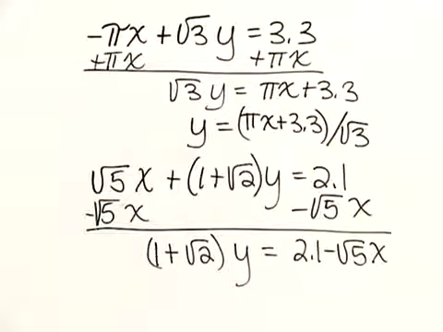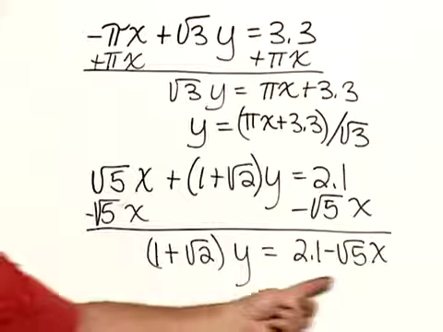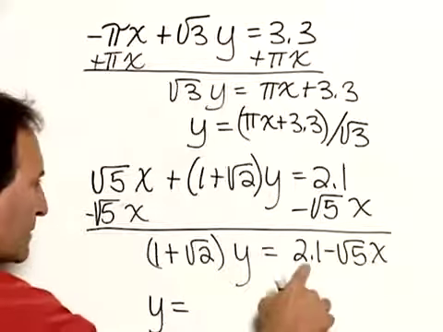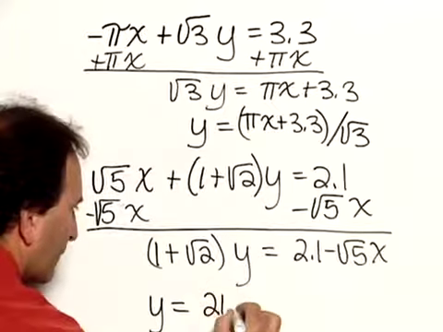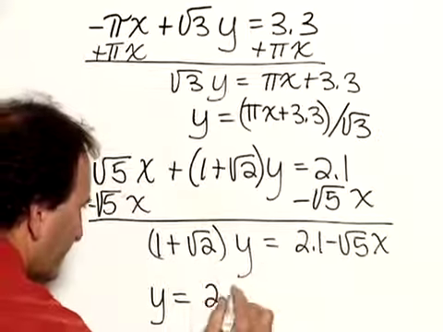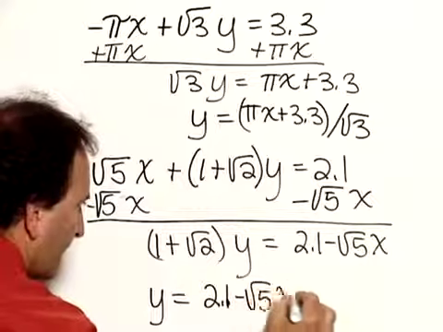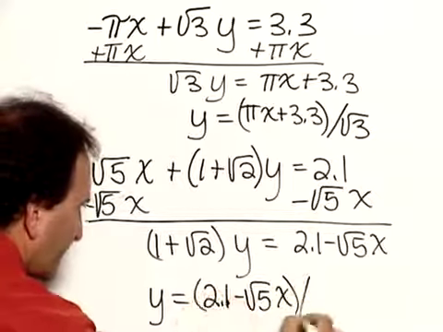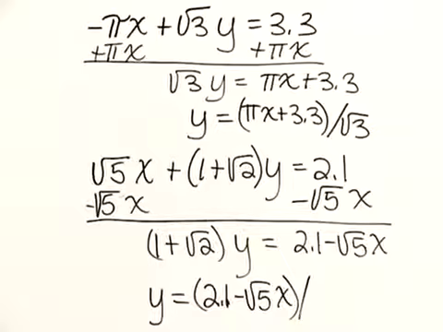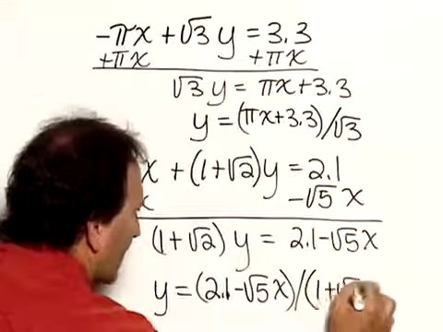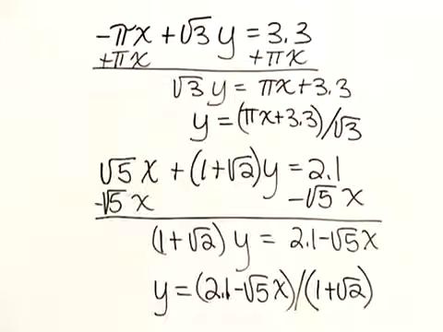Now again, we've got to divide by this coefficient on both sides. When I write out this equation, I'm going to put this expression in parentheses, 2.1 minus the square root of 5 times x, in parentheses, the diagonal slash, since that's what we'll have on the calculator, and then in parentheses, 1 plus the square root of 2.